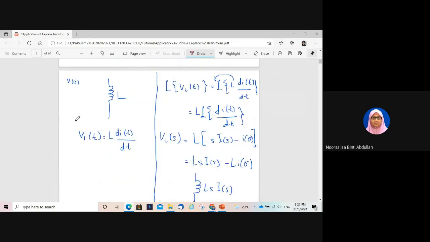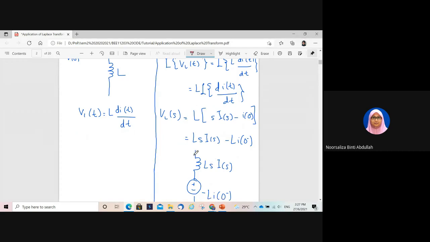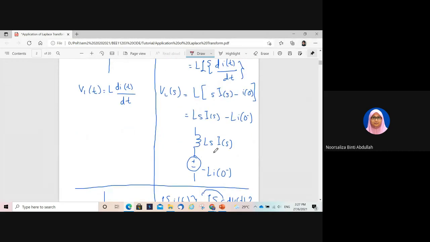Okay, if you have an inductor, kita boleh dapatkan voltage through this inductor by differentiate the current. Lepas tu kita dapatkan Laplace untuk equation ni. Kalau kita transformkan dalam circuit, kita dapat macam ni. We have L, S, I, S, and then kita ada minus L, I, 0.